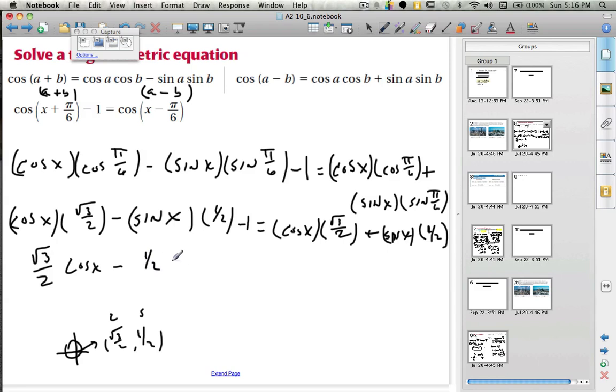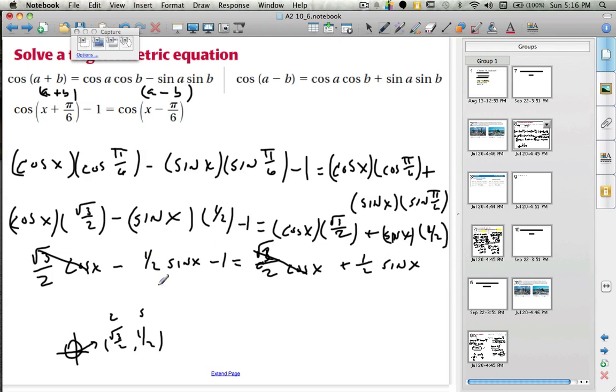Minus 1/2 sine of x minus 1 is equal to root 3 over 2 cosine x plus 1/2 sine x. And if I subtract root 3 over 2 cosine x from either side, those go away.